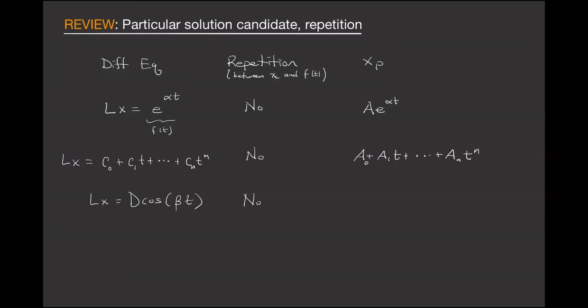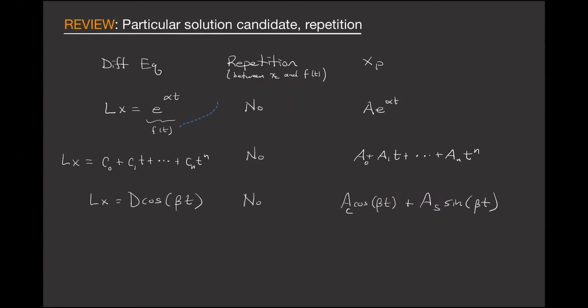Your xp can be, let's say, Ac cosine beta t plus As sine beta t. Now notice, if you have cosine here, you actually always want to pair cosine and sine with different constants. Now all of this assumed no repetition.